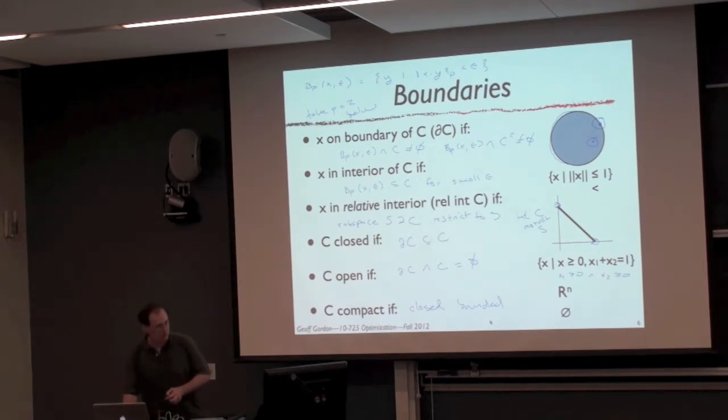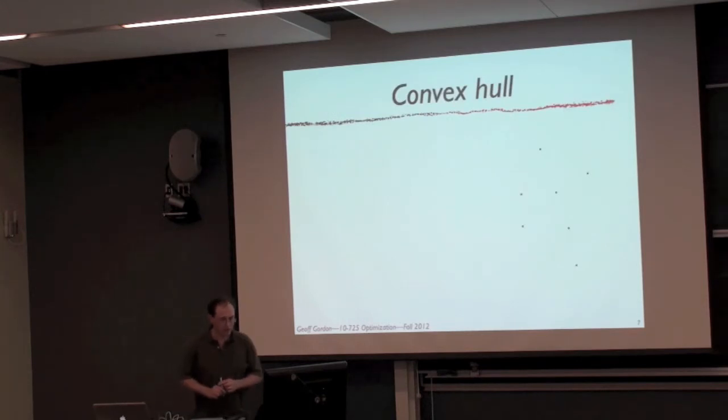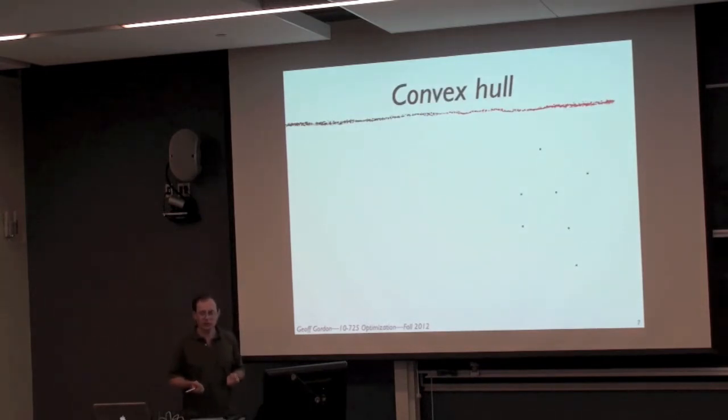All right, so one good way to get convex sets is convex hull. What a convex hull is, it's basically all of the points you can get by taking convex combinations of the points in the set. So it is the set of sums over i of a_i x_i, where x_i is in your set C, and all of the a_i are greater than or equal to 0, and the sum of the a_i is equal to 1.